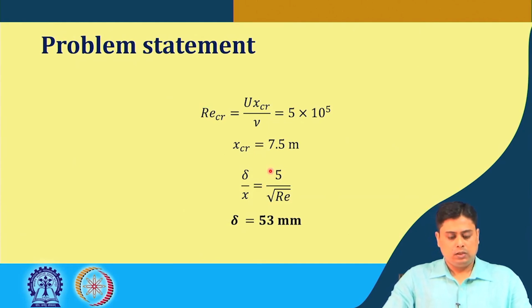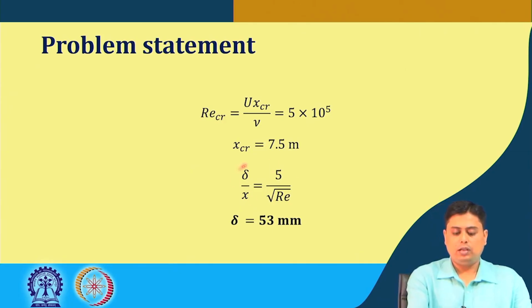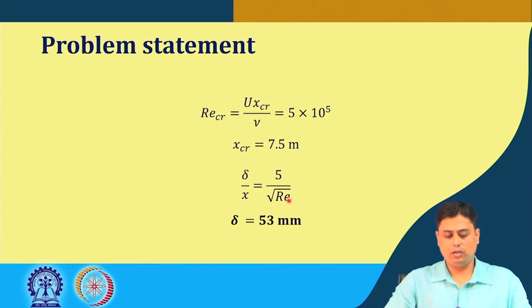So, this is the proposed correlation. Here we have to note this one, and remember this for the boundary layer cases, how it varies even for the laminar cases, because after that the turbulence begins. Fine. So, I hope the second problem is also clear.